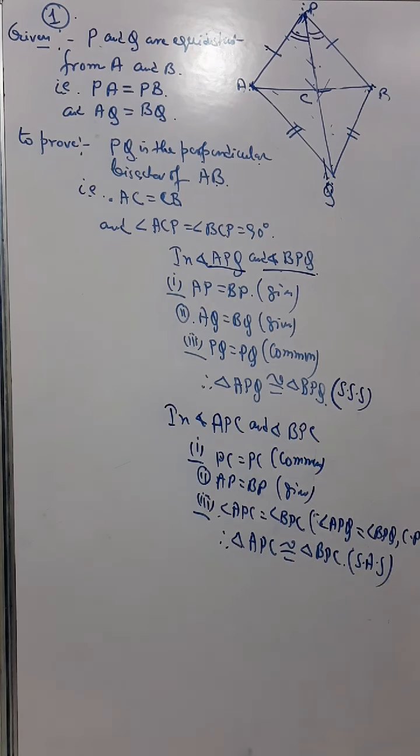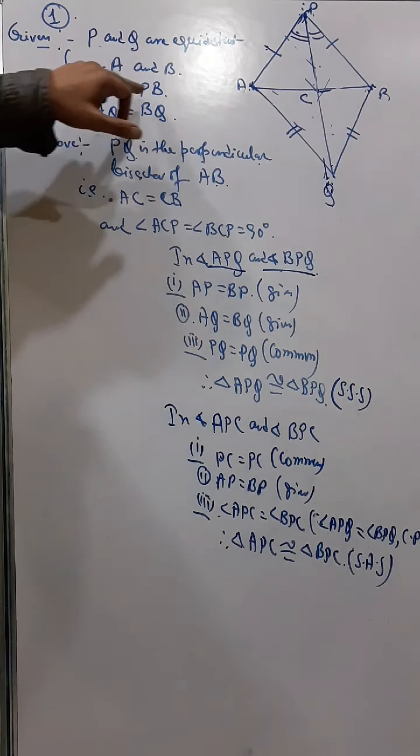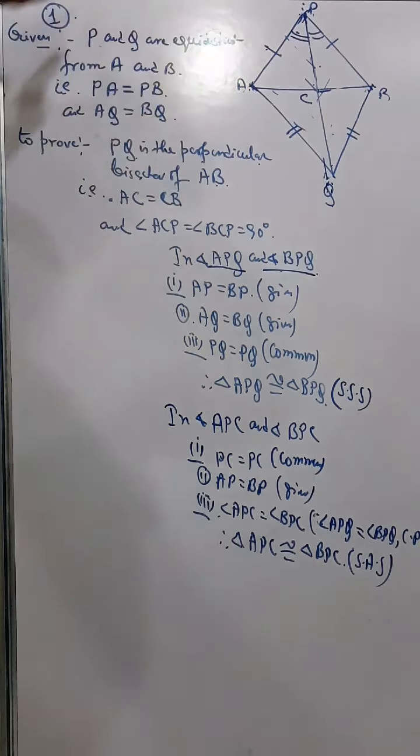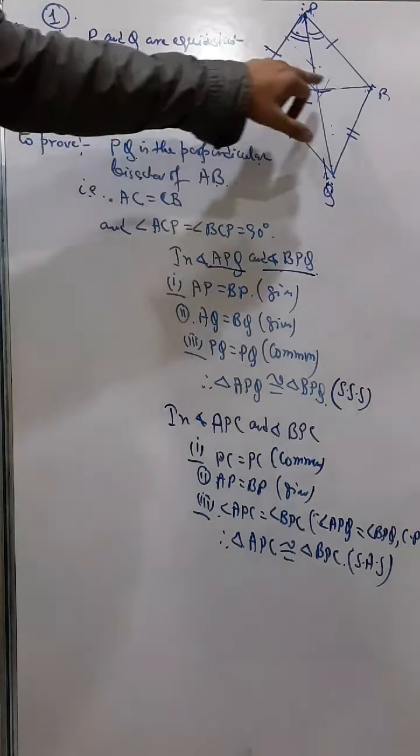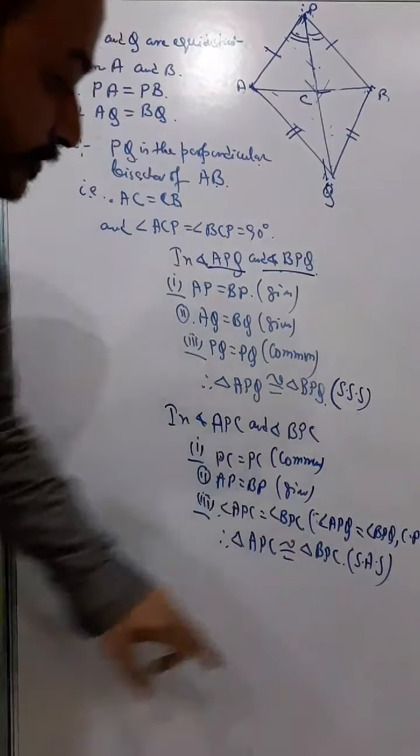Okay. Now after that, what we have to prove is AC equals CB.